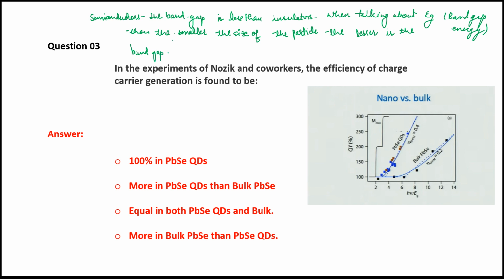As I told you, there is a certain amount of band gap EG. Now, within this EG, if you talk about the bulk state, if this EG is high, then there will be other processes which will be happening in the case of bulk. Okay.